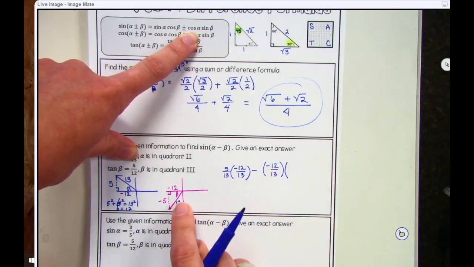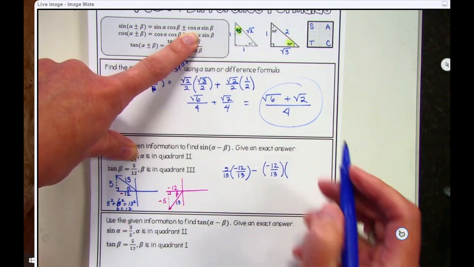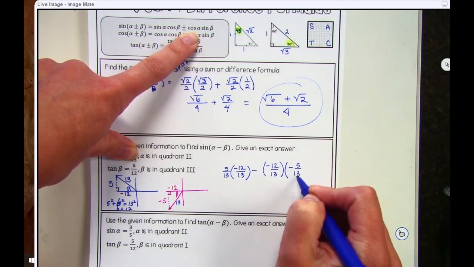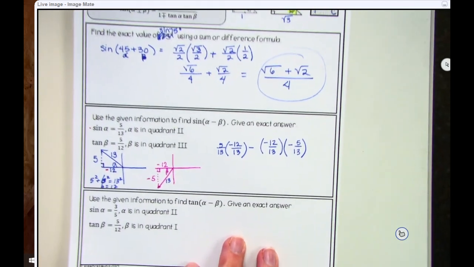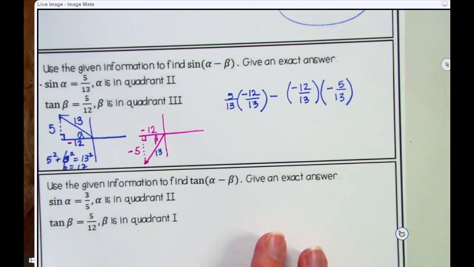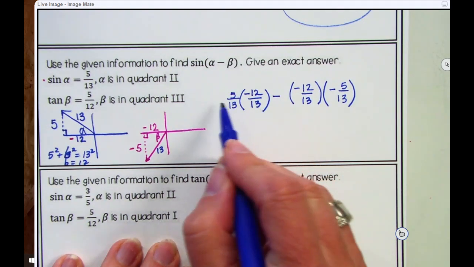And then sine of beta, opposite over hypotenuse. Those are at least numbers you could type into your calculator if you wanted to. We don't have radicals this time. But let's calculate what we got.